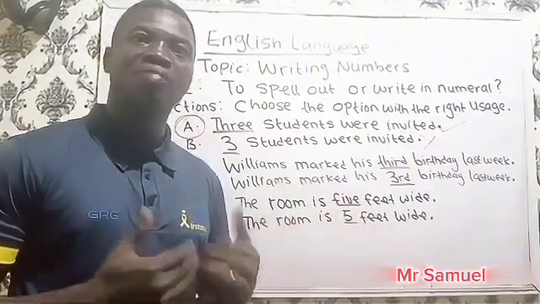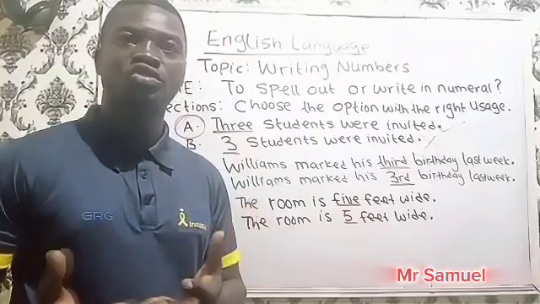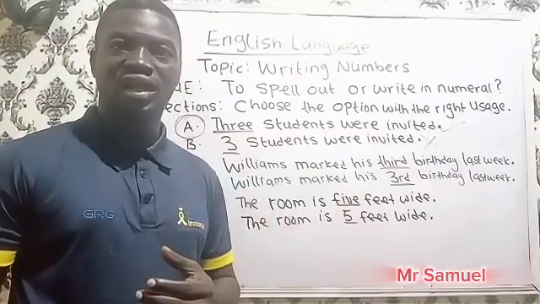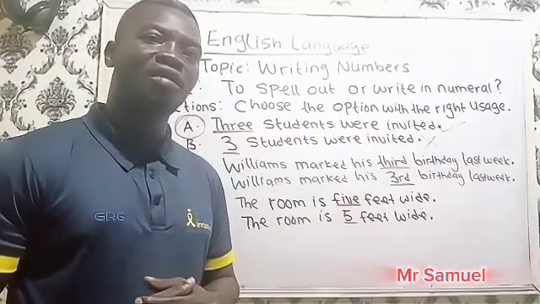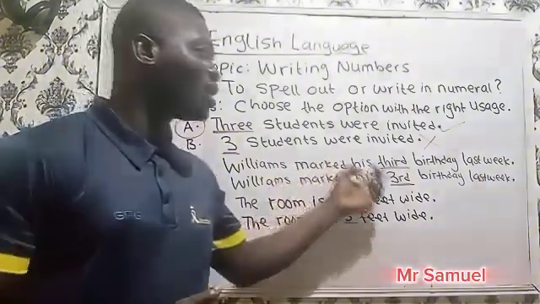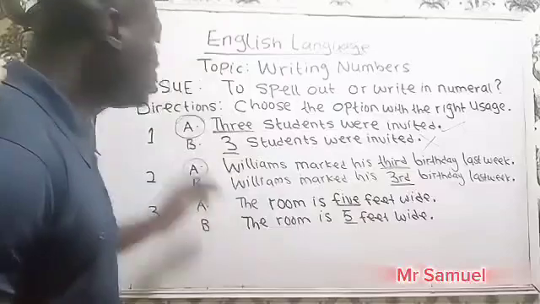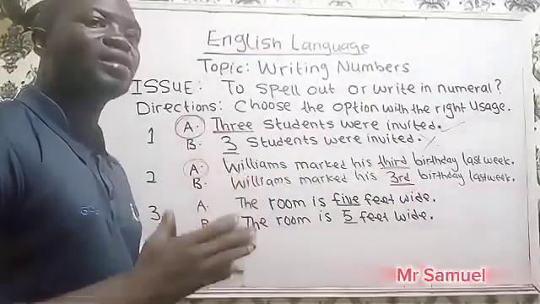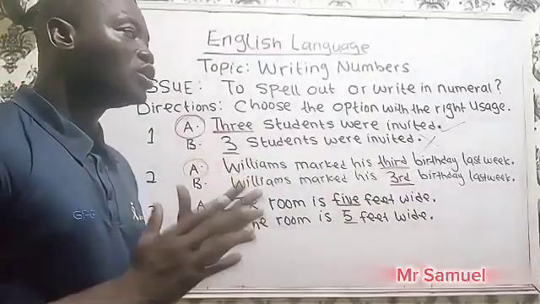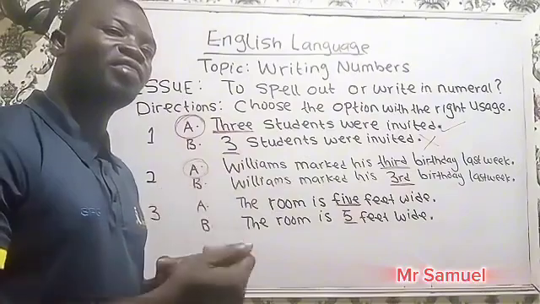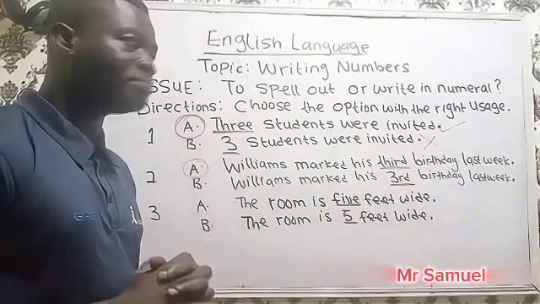How do I write it there? Am I going to write it in numeral, or spell it out? Evidently, you need to spell it out. Like I said, that is a convention, a standard. You need to spell it out if you're talking about a birthday or an anniversary.